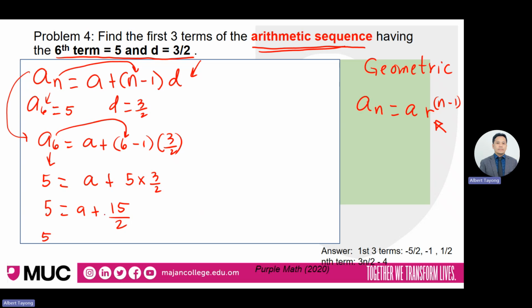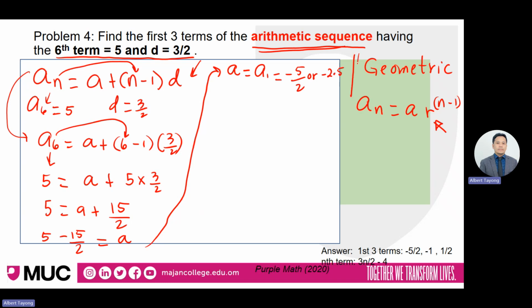So to solve for a, transfer 15 over 2, it becomes negative. So our a, or the first term, a sub 1, is negative 5 over 2 or negative 2.5. Okay, so that is our a. Now we are asked to find the first three terms.